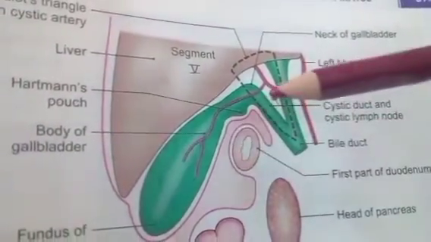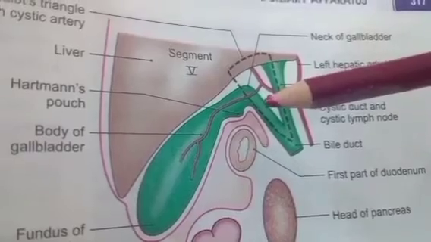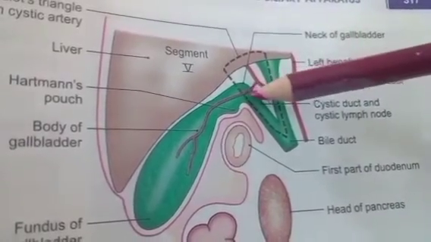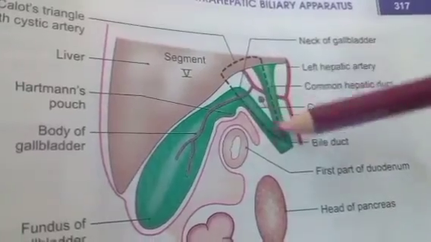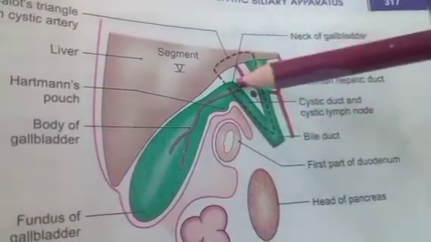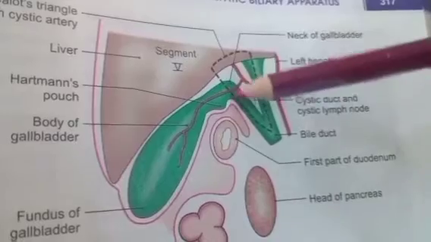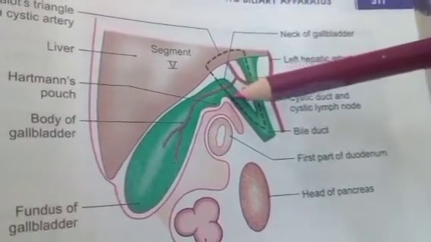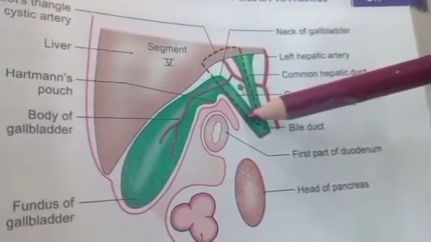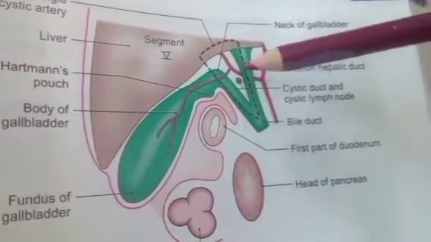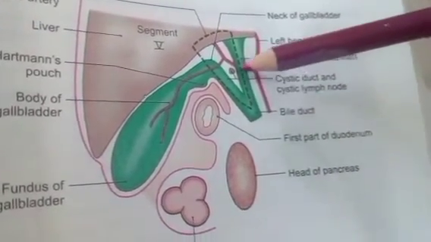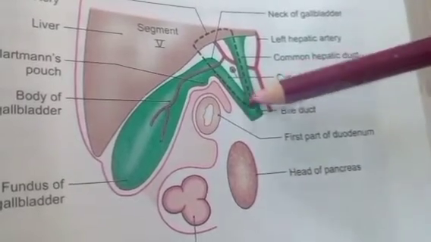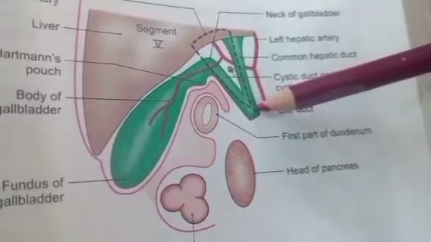The next component of the extrahepatic part of the biliary apparatus is the cystic duct. It is about 3 to 4 cm long, begins at the neck of the gallbladder, runs downwards, backwards and to the left, and ends by joining the common hepatic duct at an acute angle, and by joining with the common hepatic duct it forms the bile duct.